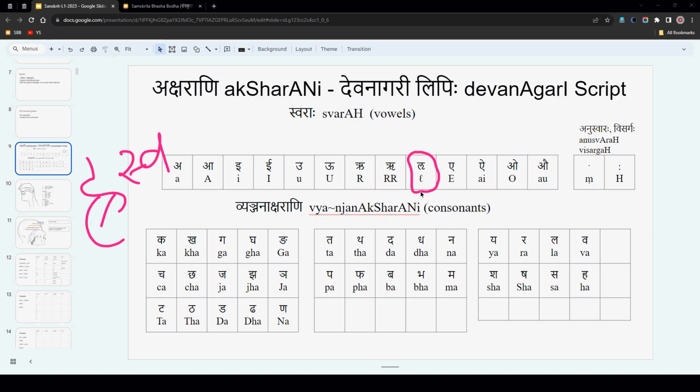so it is not necessary to include that in the chart. Then we have e, short, it is long actually because we need a similar amount of time, like we pronounce e to pronounce a. Then there is ai, again long, dirgha, o long, au long. Now in some other languages, for example Kannada, we have a longer form of e also.